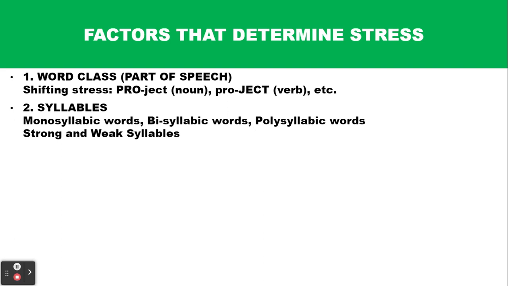Okay? Now, the rules that apply to monosyllabic words are different from the rules that govern bisyllabic words. For example, in bisyllabic words, as we have exemplified with project and project, you can see that word class determines stress in words of two syllables.